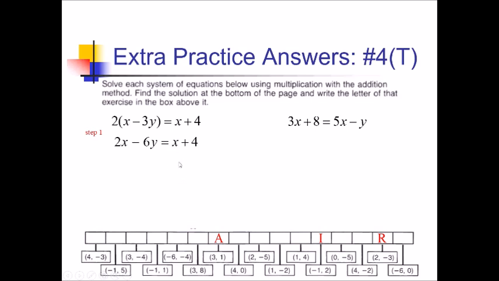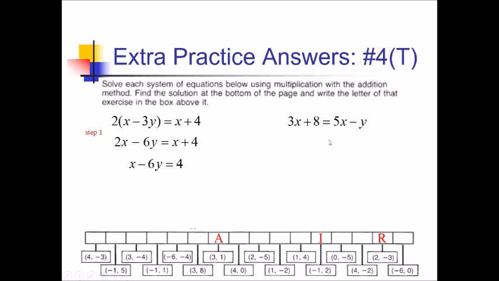But now we're going to have to move this x over to the left side, so we have all our variables on the left side. 2x minus x just gives us 1x minus 6y equals 4. And now that equation is, well, I can at least look at it. It may not be good to go completely, but I can move over to the other one and start rearranging over there first.